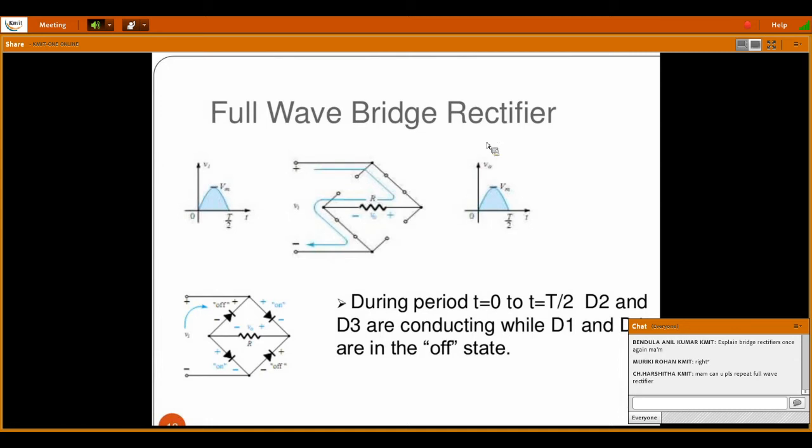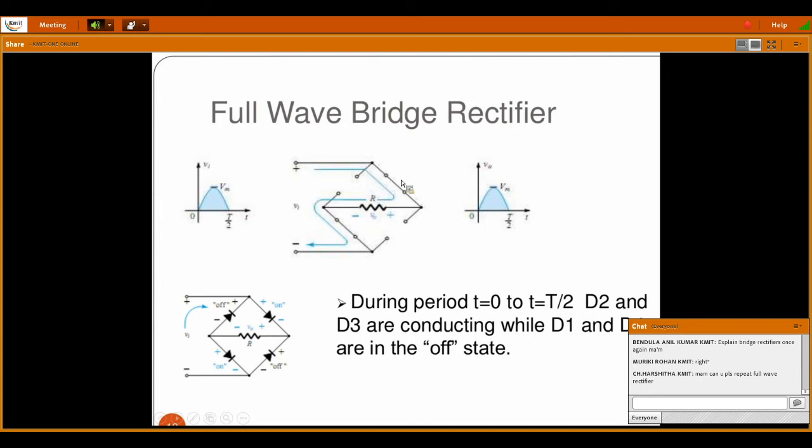See here, during the positive half cycle, what happens? The upper node of the diodes is maintained at a positive polarity, and the lower node is maintained at a negative polarity. So because of this, what happens? Diodes D2 and D3 are conducting. You can see the arrow direction of the current flow.